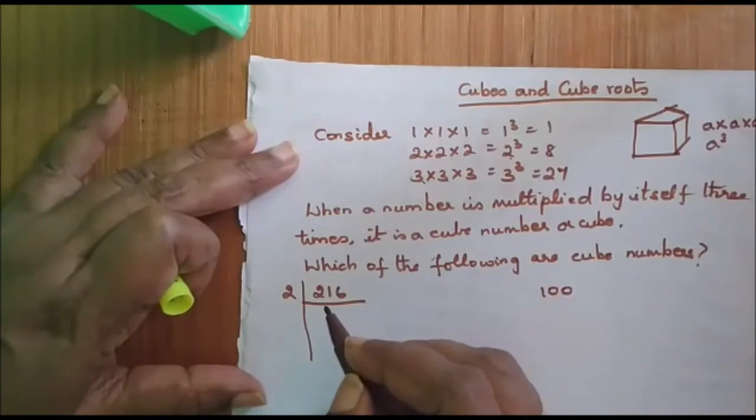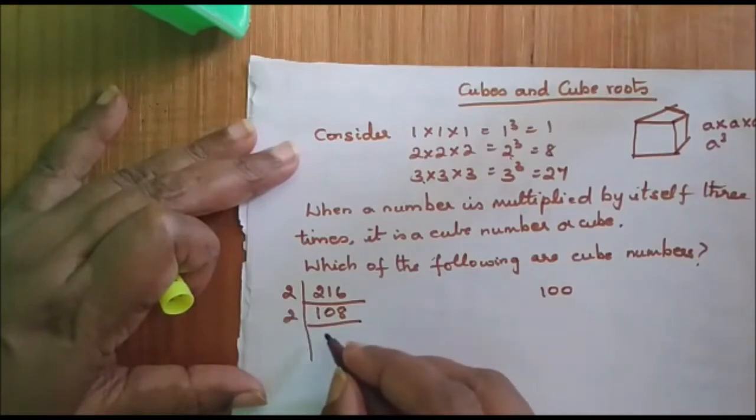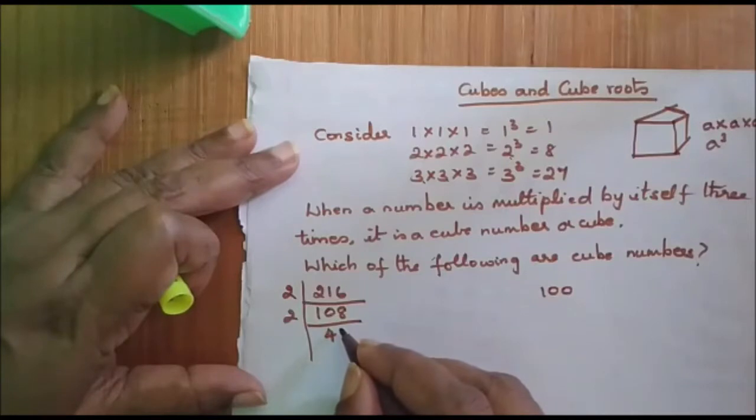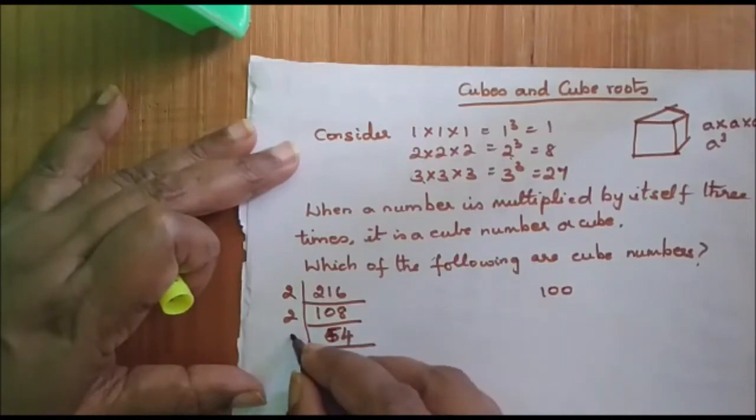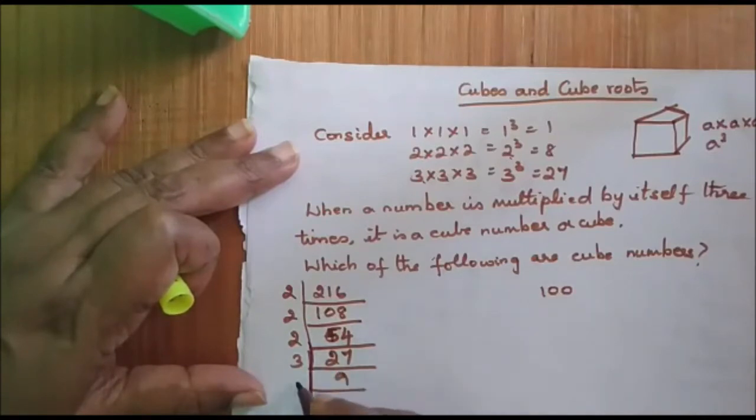Now, we know it goes in 2, 108 times, and again it goes in, 54, then once again it goes in, 27. Then we'll take 3, it will go in this 9 times. 3 will go in this 3 times.